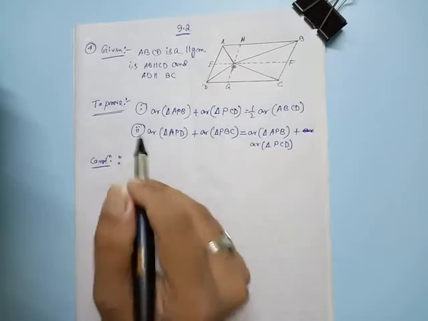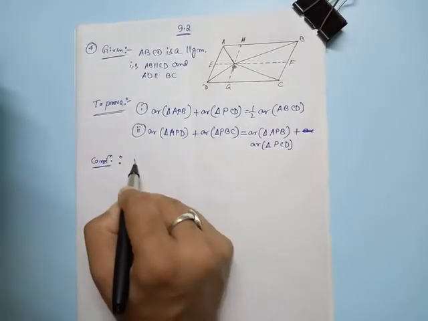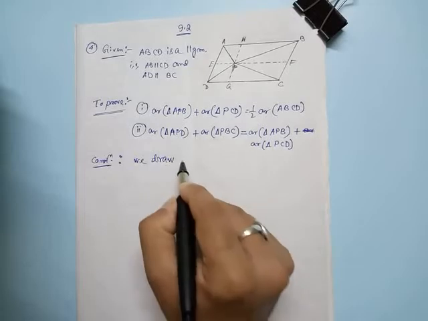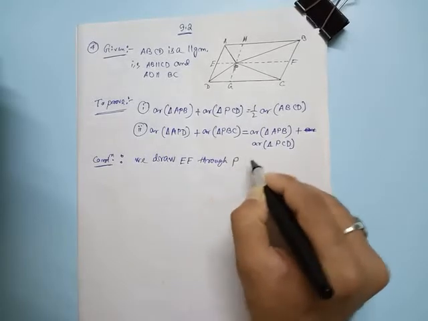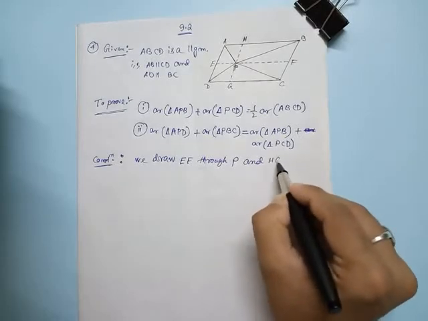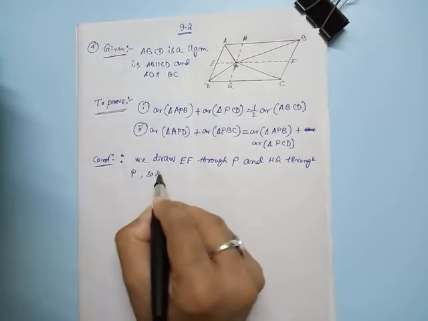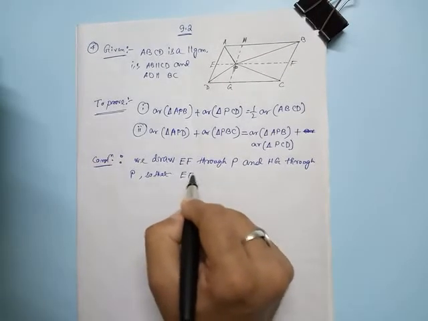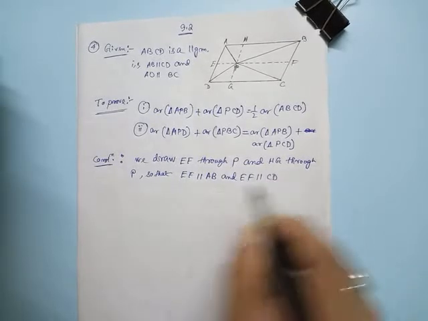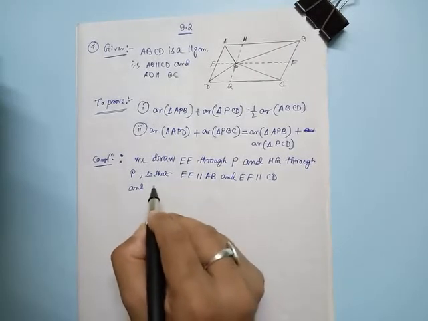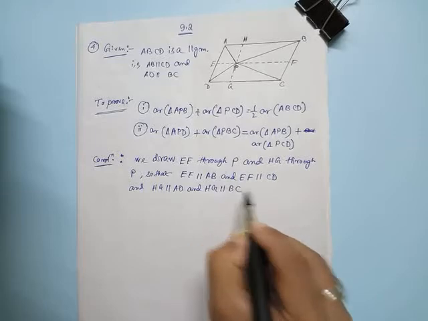Now here I will draw one line EF through P and HG through P, so that EF parallel AB and EF parallel CD, and HG parallel AD and HG parallel BC.